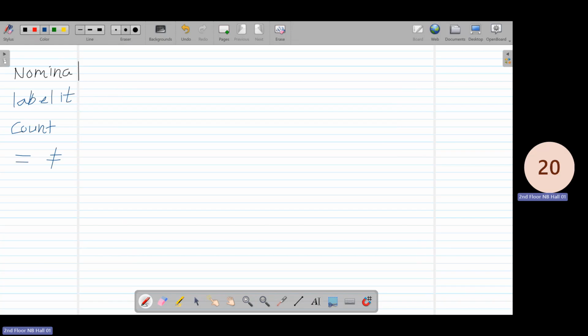Then we studied ordinal. Here all the features of nominal scale variables are in the ordinal scale variable. Other than that, we can order them. We can apply greater than or less than. Okay.